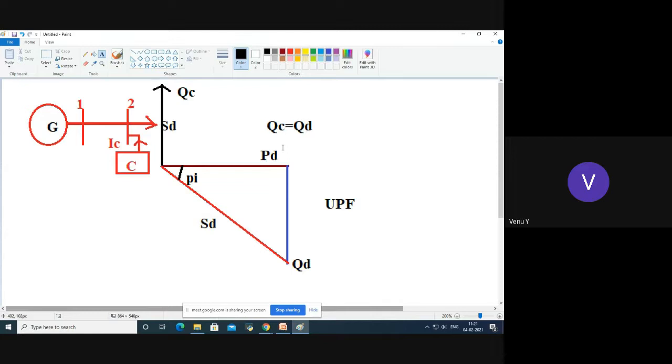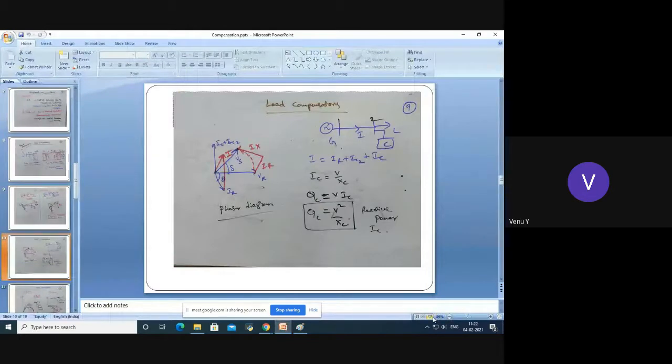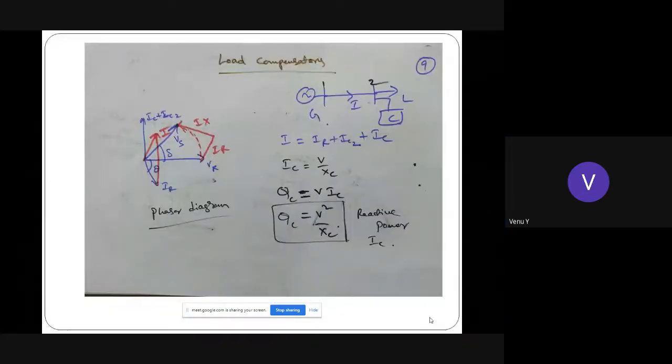Therefore you can control the power factor of the system with the help of shunt compensator. Hence the shunt compensator is more effective for power factor improvement than the series compensator. That is another important point.